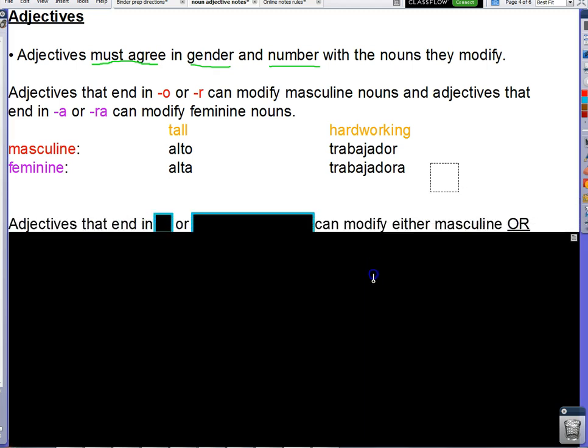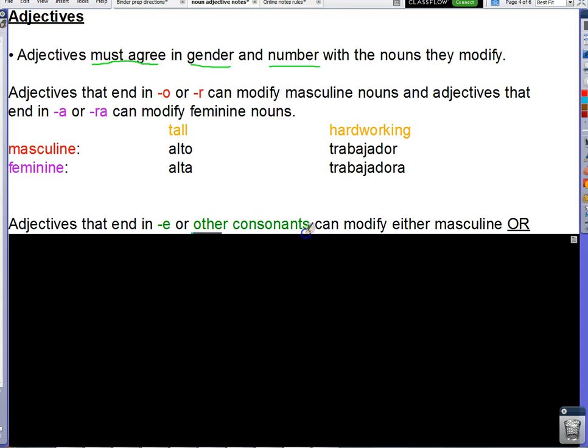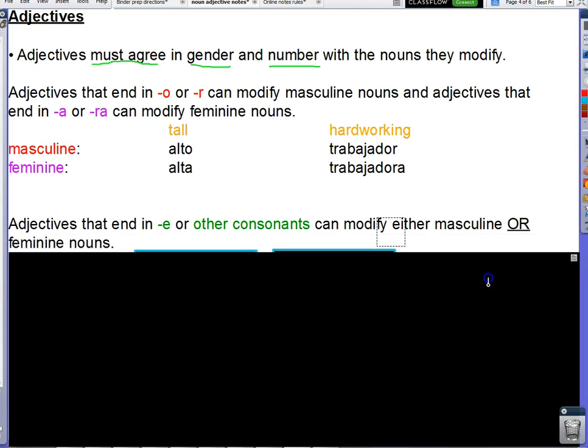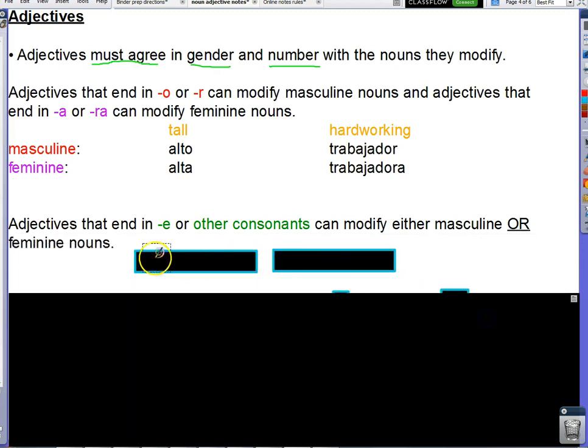What if you have an adjective that ends in the letter e or other consonants, so any other consonant besides the letter r? They can modify or describe either masculine or feminine nouns. For example, if I want to say that Jim is intelligent, he's inteligente.